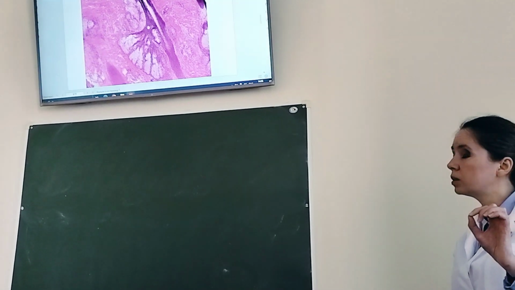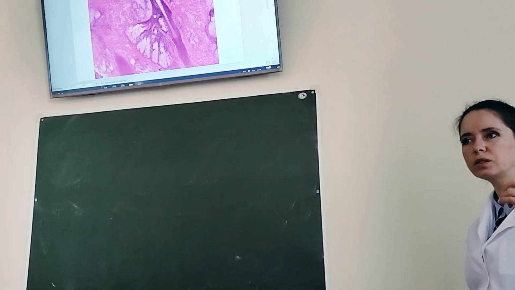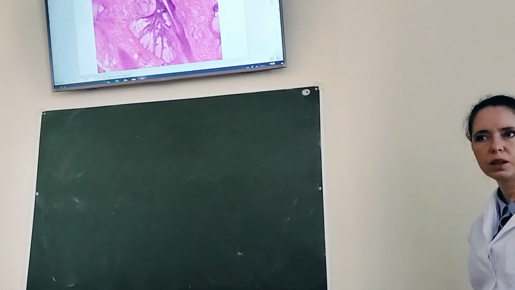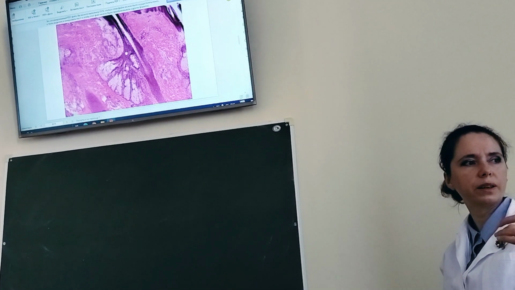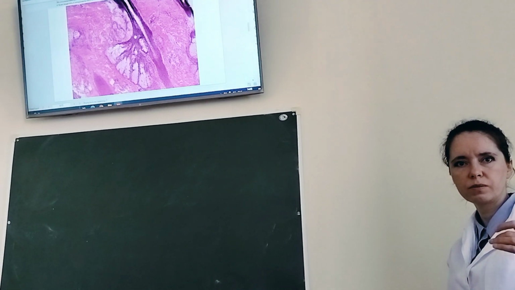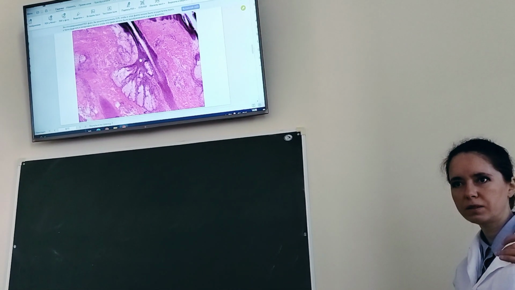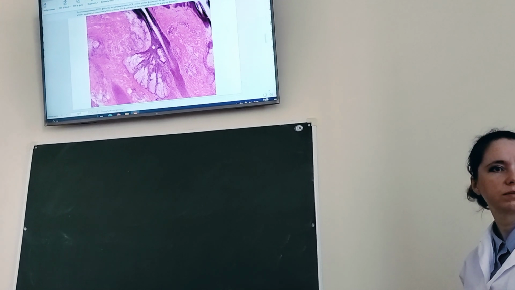Then we need to give the full structural, morphological classification of the gland. You should say this is, first of all, an exocrine gland. By morphology, this is a branched but simple acinar gland with holocrine type of secretion. Holocrine.